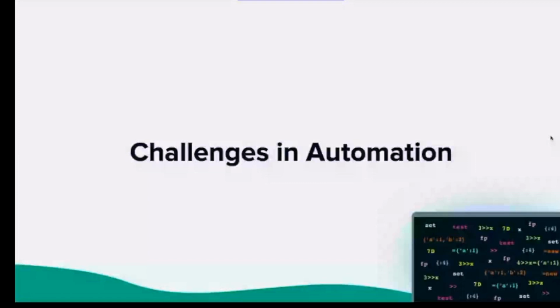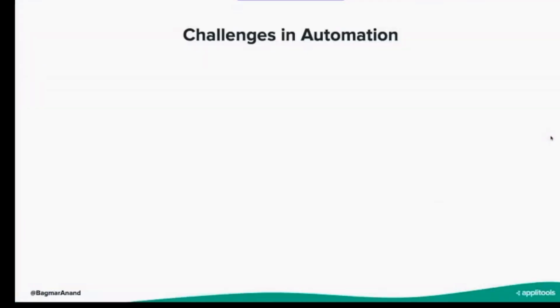Now, let's move into the actual challenges in automation and how we can leverage these tools to get better. Let's take it a step ahead based on what we have discussed so far. Now, this is a very open-ended question, and I'm going to quickly get more precise about the challenges in automation to focus on a very specific area. Otherwise, we'll spend the whole day or night just discussing what challenges come up in automation.